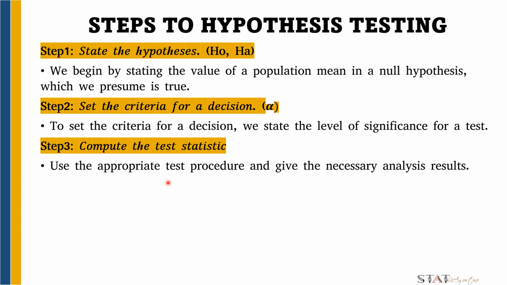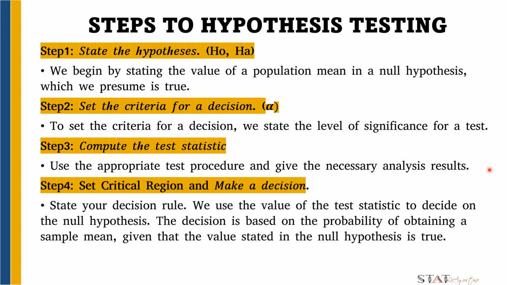And then step 3, we compute the test statistic, so whatever statistical tool we will use. You have to compute it and show the necessary result, use the appropriate test procedure and give the necessary analysis result. And then step 4, you have to set the critical region and make a decision. So state your decision rule.